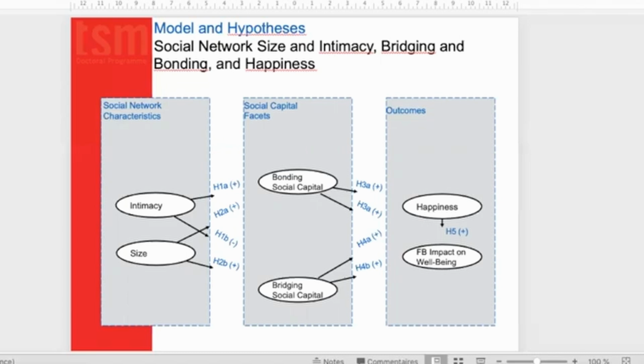Both are mediating variables and should positively impact happiness of Facebookers and subsequently the impact of Facebook on well-being. There should be a positive impact of both facets of social capital on happiness and well-being, and happiness is a mediating variable on well-being. The target of our research was also to see what impacts happiness and well-being more: close relationships, that is bonding social capital, or loose friends, that is bridging social capital.